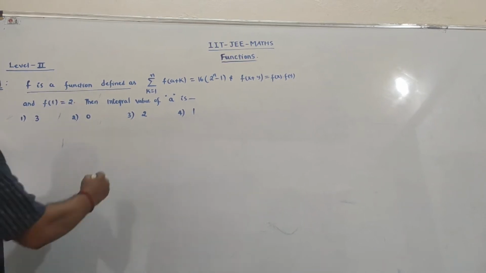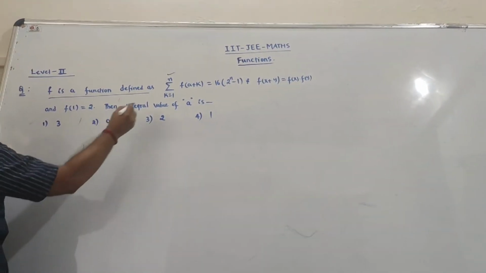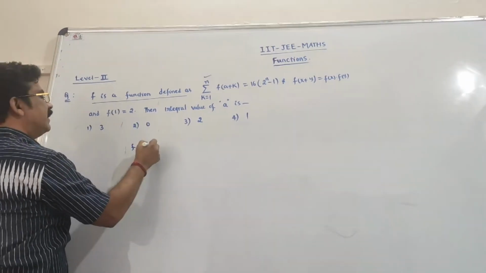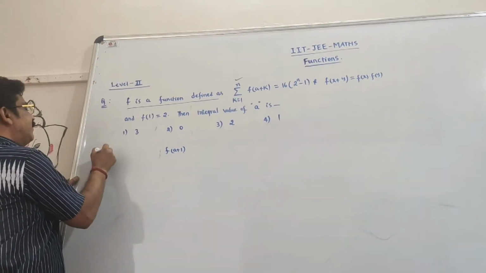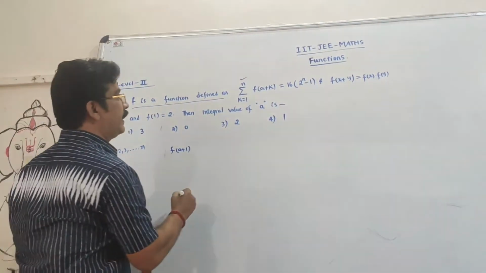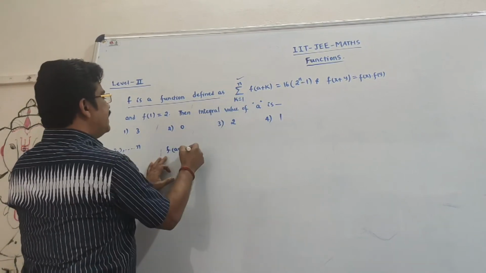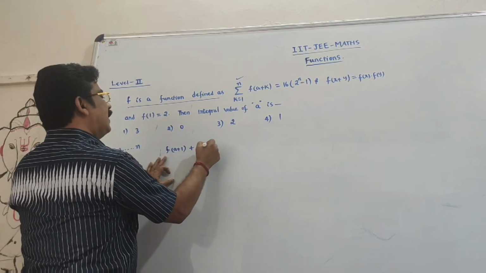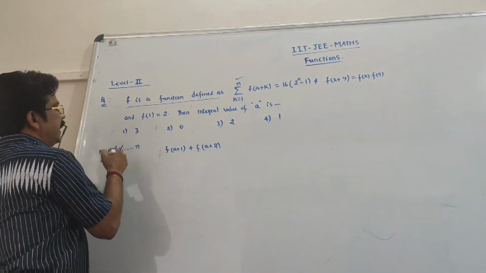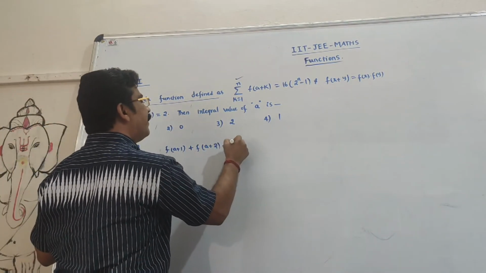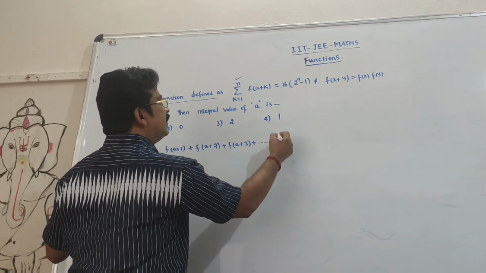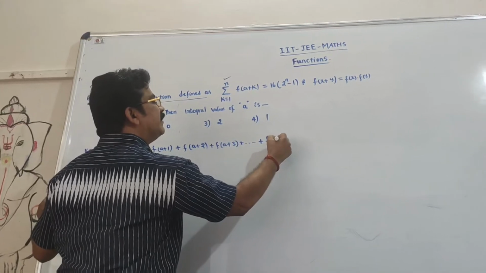First condition, sigma k equal to 1 to n means what? k is equal to 1, 2, 3, and so on, n values are there for k. So sigma means f(a + 1) plus f(a + 2) for k equal to 2, plus f(a + 3), and so on, plus f(a + n).